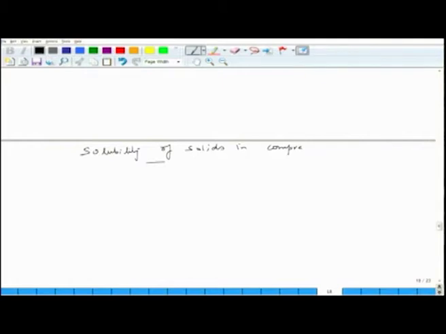compressed gases. Okay. For the case of the gas at low pressure, we can take the vapor phase fugacity as simply 1, right.